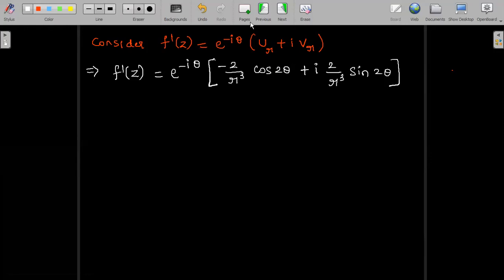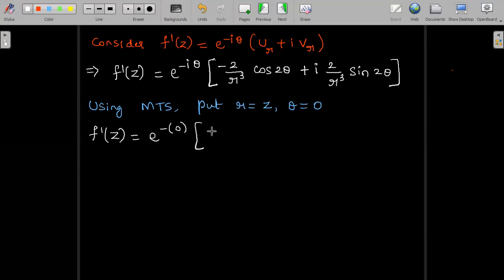Now immediately we can use Milne-Thomson substitution, which helps us to write down f dash of z as a function of z. So using Milne-Thomson substitution, put r is equal to z and theta is equal to 0. So we have f dash of z, outside term e power 0 into minus 2 by z cube cos 0 plus i into 2 divided by z cube sin 0.